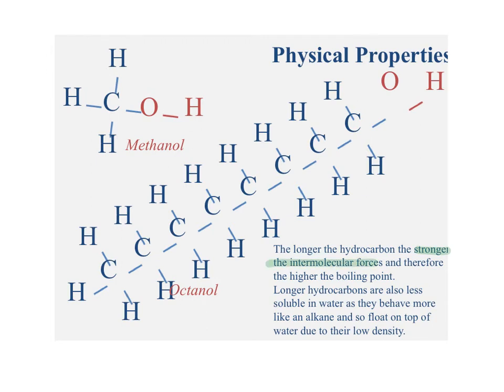And as a result, they're going to have a much higher boiling point. As well as this, longer hydrocarbons are less soluble in water. They just sort of float around on top. You get a little slick on the top of your solution. And they've got quite a low density as a result. They don't integrate with each other very well.